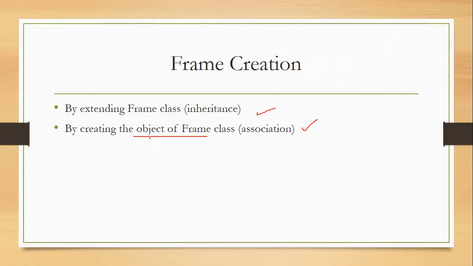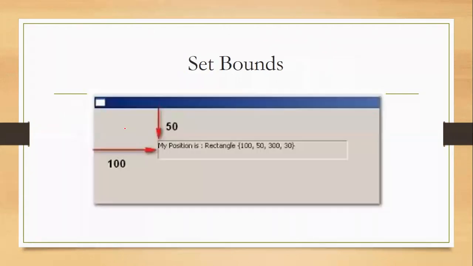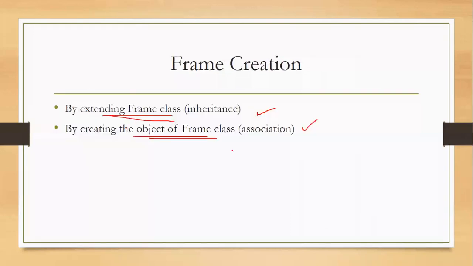Like, you create an instance of the frame class and then you do it, or you extend the frame class and then you do it. Anyway is fine. We will learn both. Whichever you feel you are comfortable in, you can follow it. Now, let's directly go into program, how to create a frame.